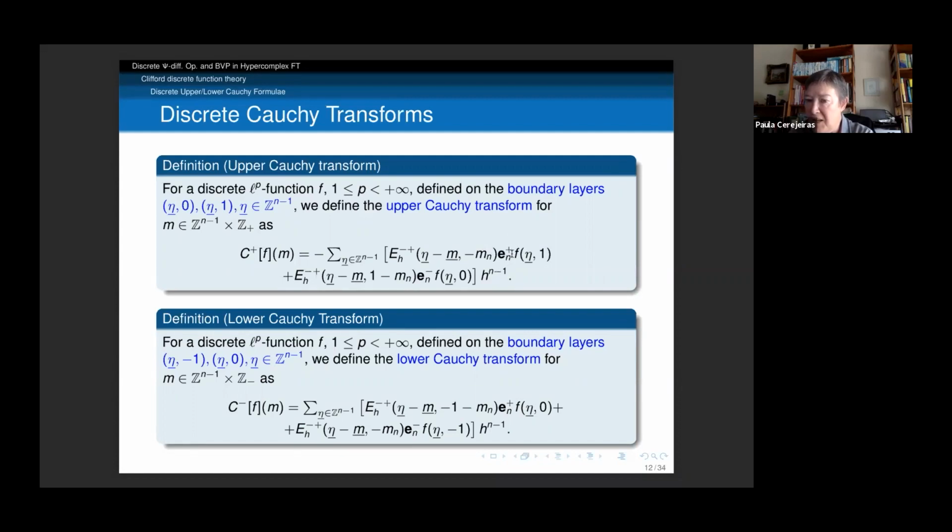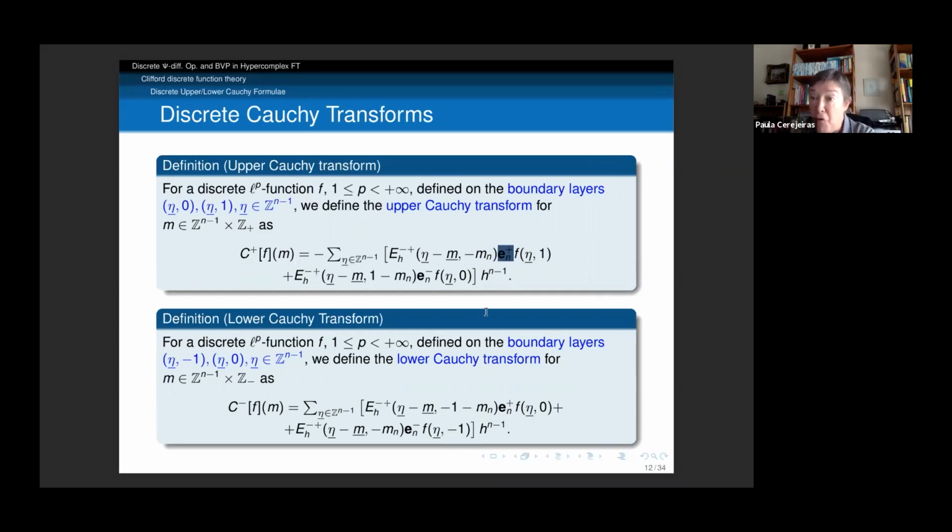And if you go to the Fourier domain, you also observe another thing. You also have here E plus, E minus, so that also indicates that you're going to decompose your function into n-1 variables and then splitting the last part, the combination of E plus and E minus, into the algebra generated by these two elements. So 1, E plus, E minus, and the product E plus E minus.